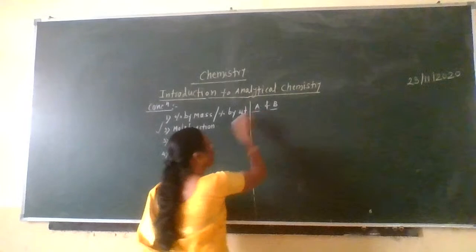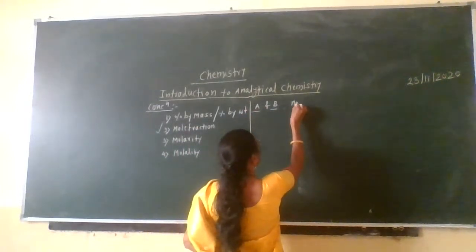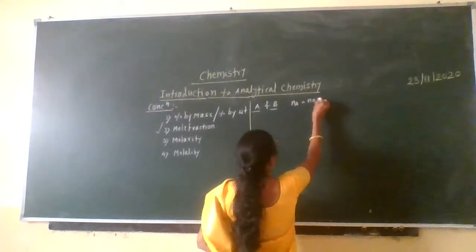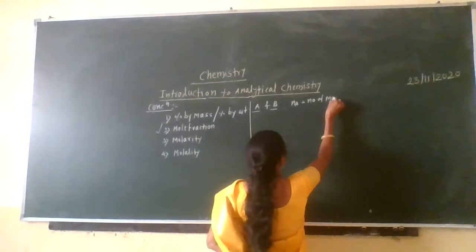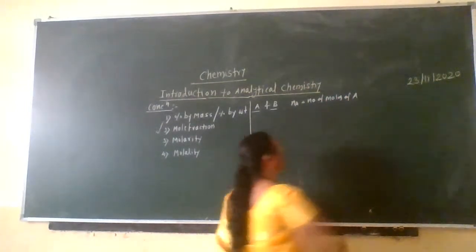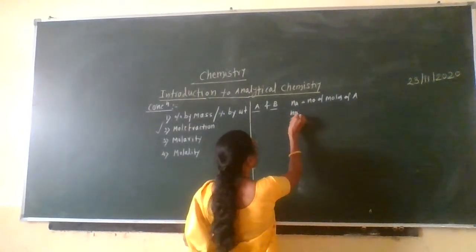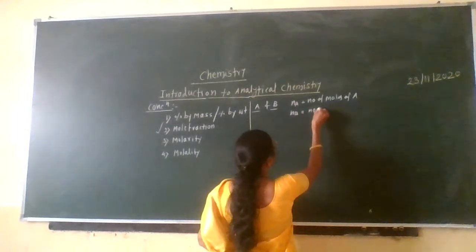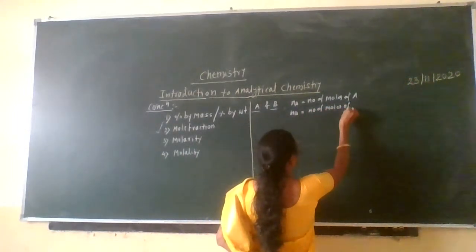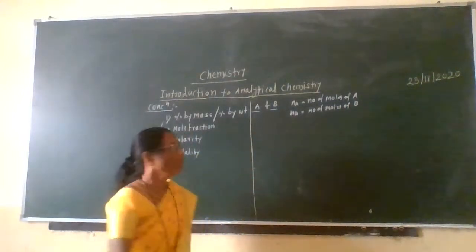For the first component, suppose Na is the number of moles of A. And suppose Nb is the number of moles of B, that is the second component.